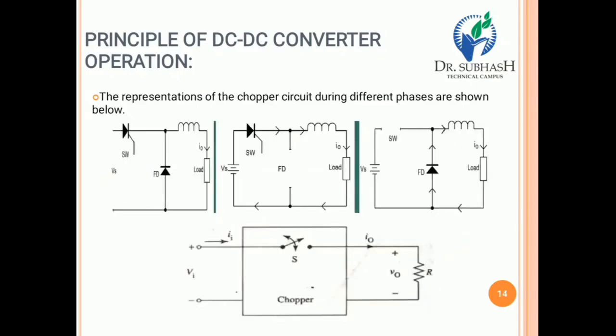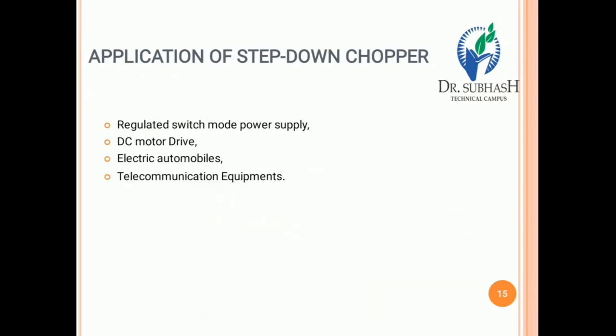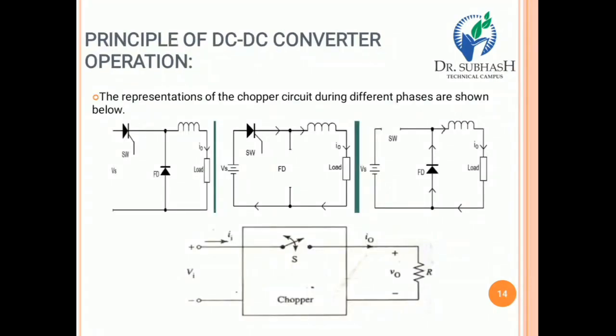That is our switch, and the switch is either in open condition or closed condition, and depending on the open and closed condition, we get the T on and T off periods. By using T on and T off, we can use two different methods, frequency modulation or pulse width modulation, for the generation of output conversions. So that is the basic principle of DC to DC converters.